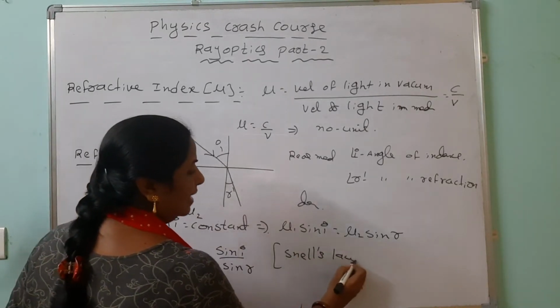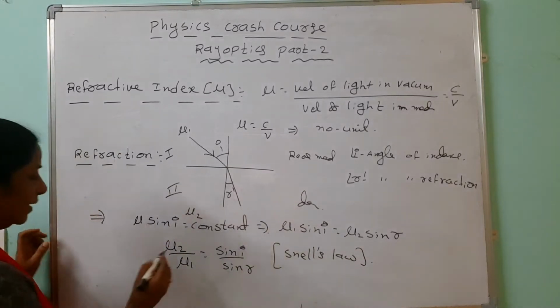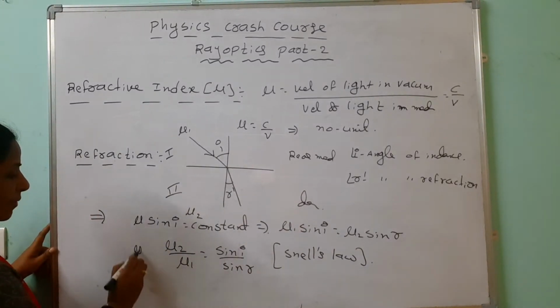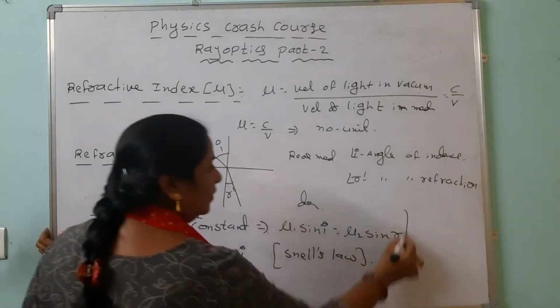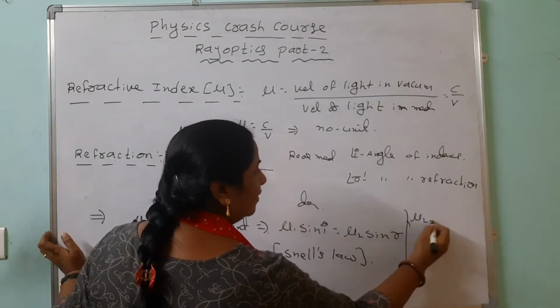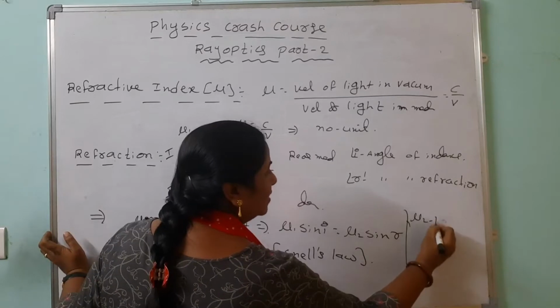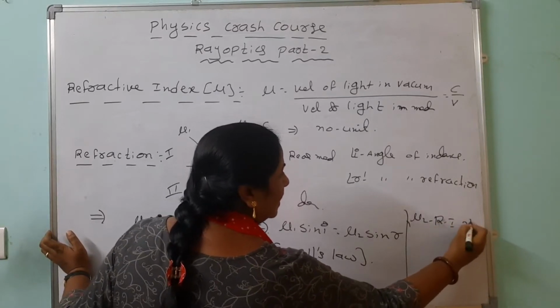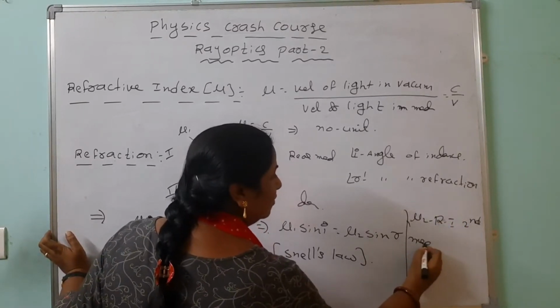You can observe that mu2 by mu1 we can also write as mu2 1. What is the meaning of this mu2 1? It is the refractive index of the second medium with respect to the first medium.